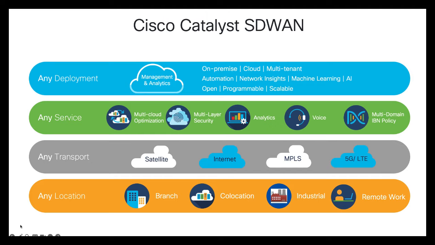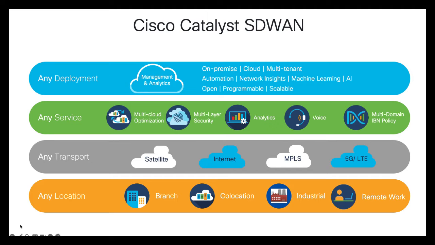And for any type of service, be it analytics, voice, and in our case, video monitoring or utility monitoring or control traffic that utilities or industrial IoT networks require, those should be able to fit into the security model and should be catered to like any other service in the network. These should be done seamlessly in a single pane of glass without the need for additional tools and other management options.